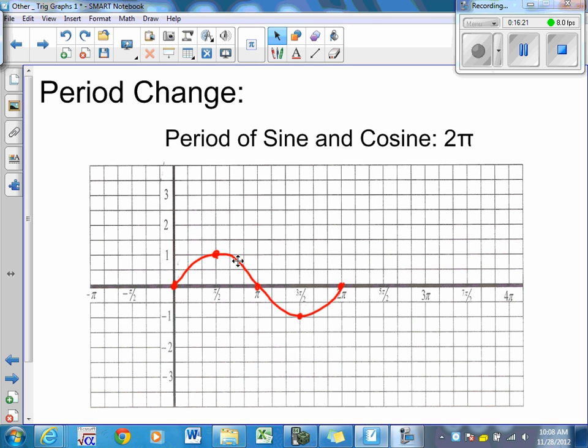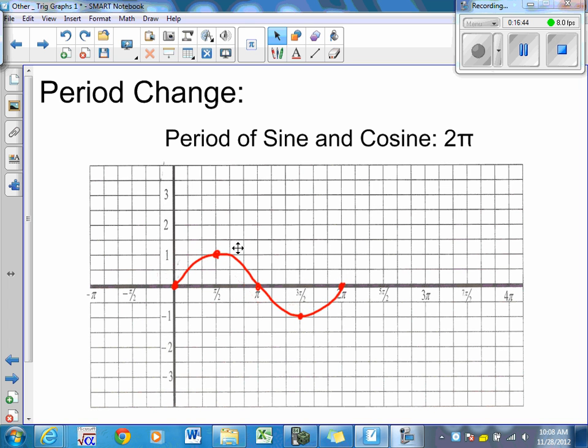Now you notice, if we think about our graph of sine and cosine, all I need to do is just slide this over, and now that's cosine. These are really the same points, just sliding them left and right. Cosine, sine, cosine, sine.